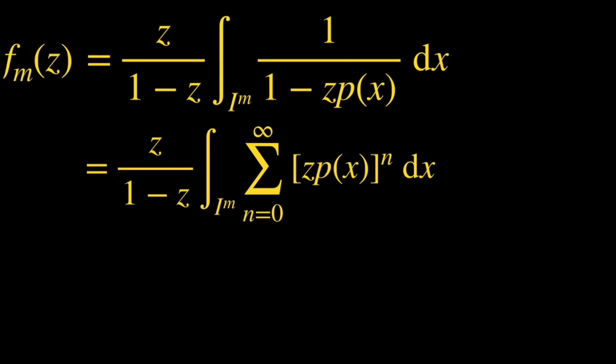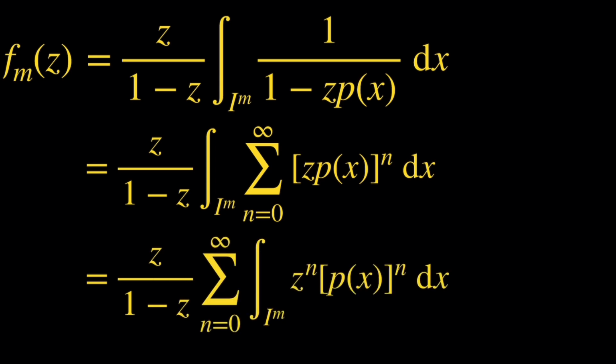So now we can actually expand this into a power series. We're going to have z over 1 minus z times the integral over the I^m cube of the sum as n goes from 0 to infinity of (z times p of x)^n, dx. We can simplify, and using the dominated convergence theorem, we can take the sum outside of the integral.